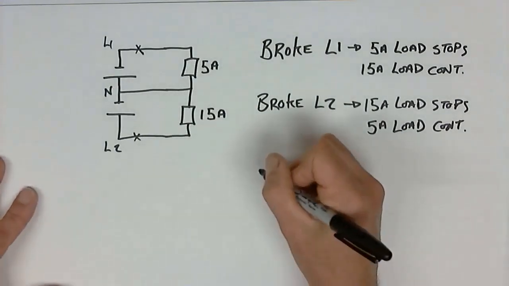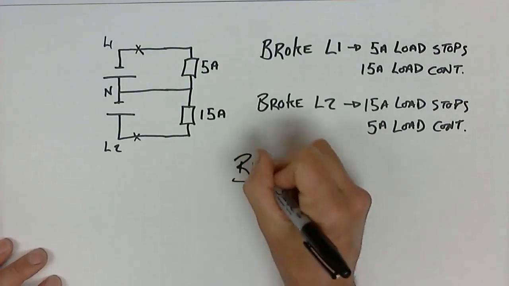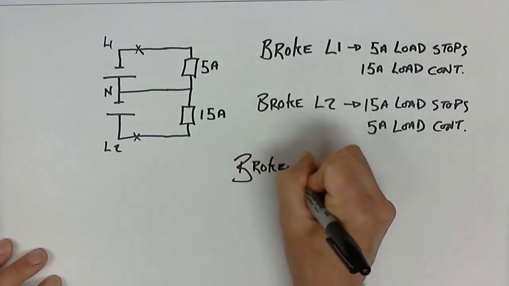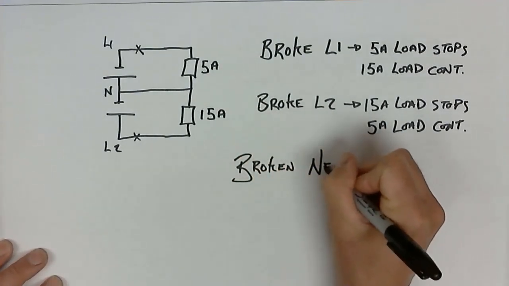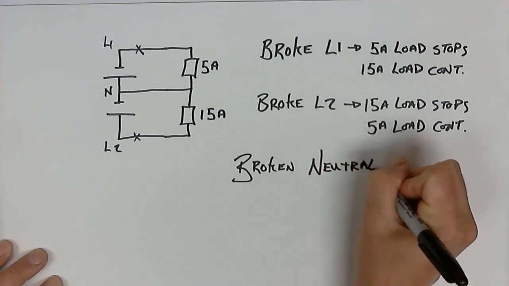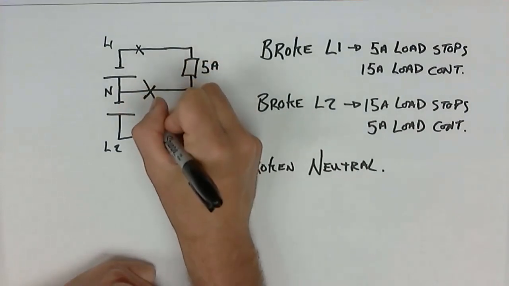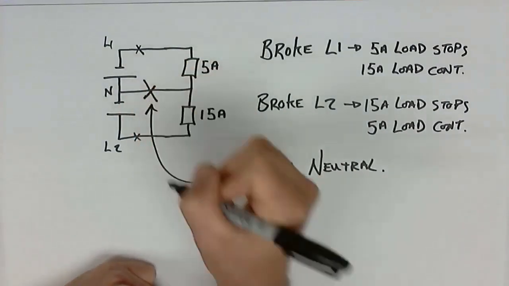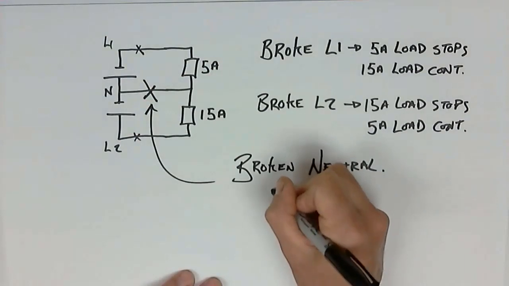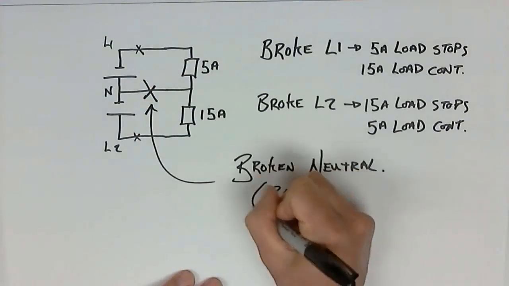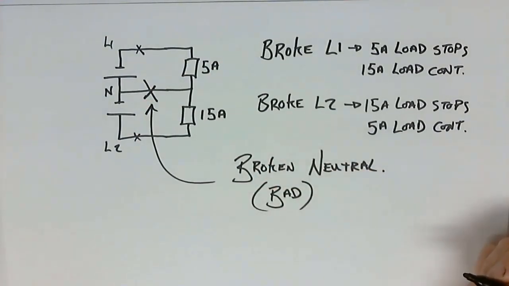What if we were to break the neutral? If we were to break the neutral, this is considered a very bad situation. Why is this a bad situation?